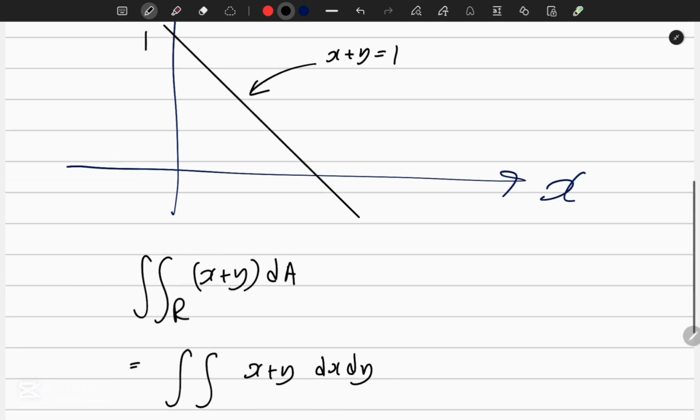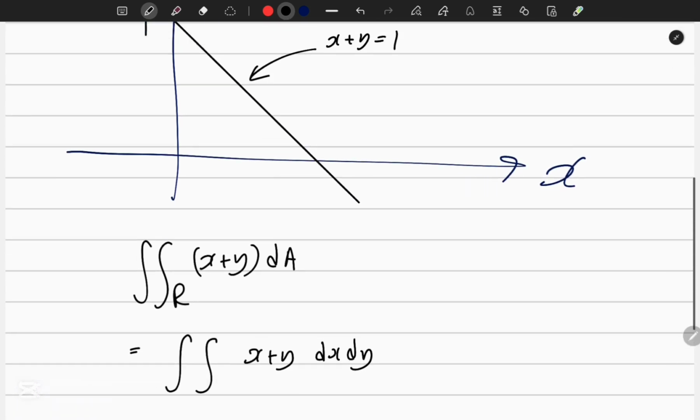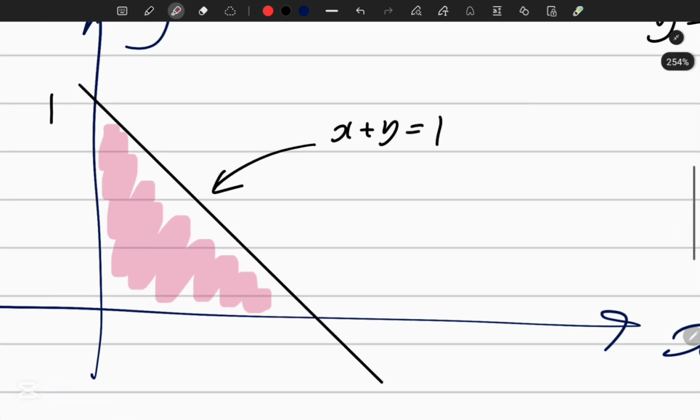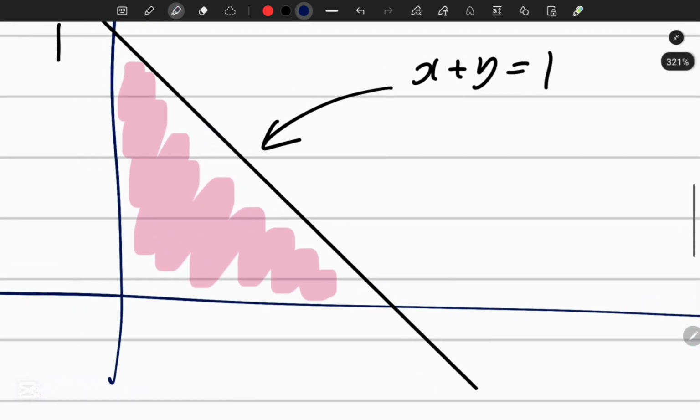I have to find the limits. I need to find this volume, so I am taking a small cube like this.